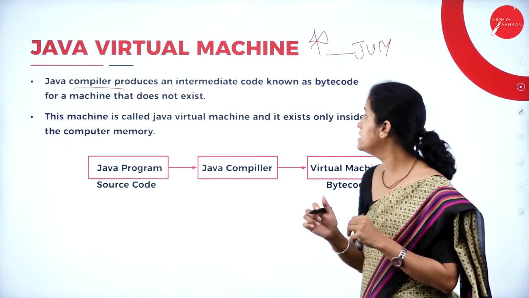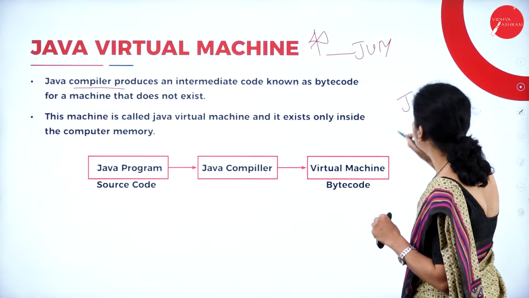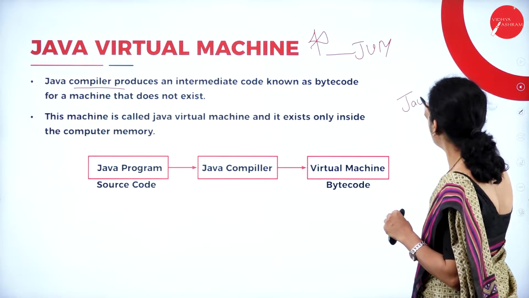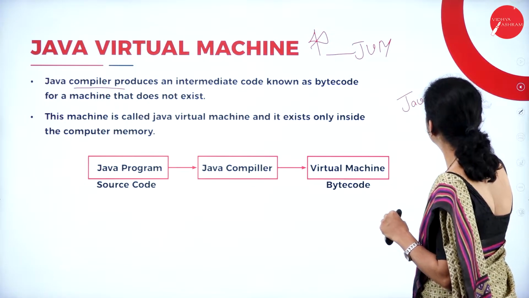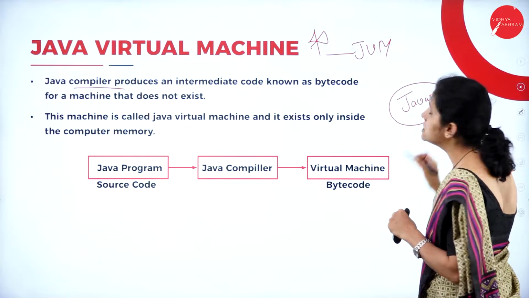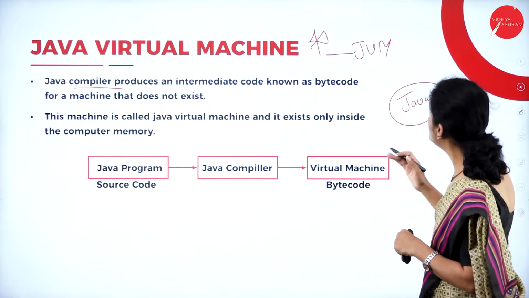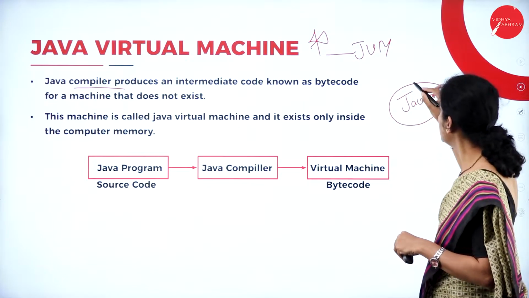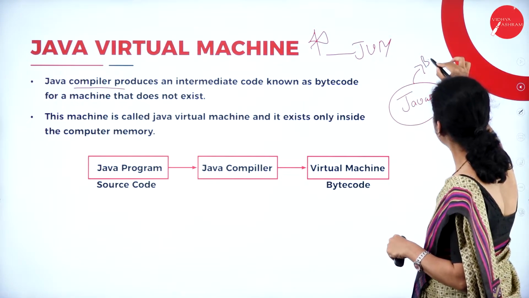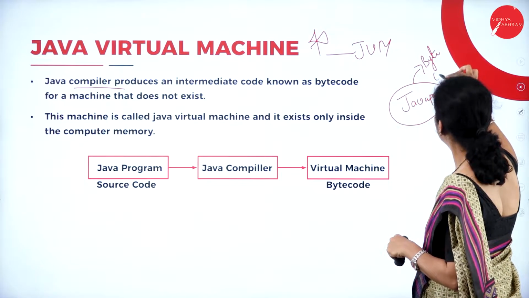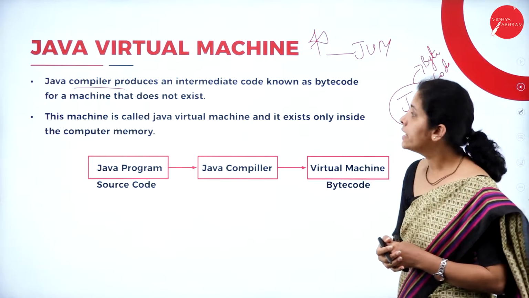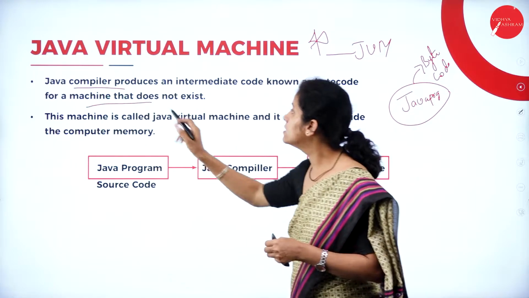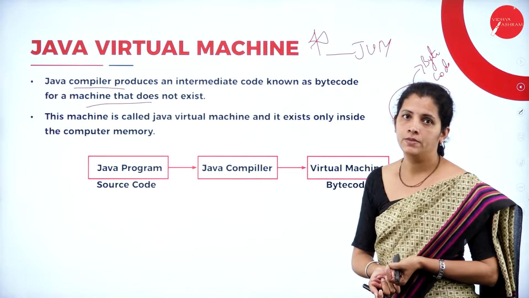Now just imagine here, the name of the program is Java PRG. After compiling this Java PRG, I'm going to get bytecode, bytecode for a machine that does not exist.